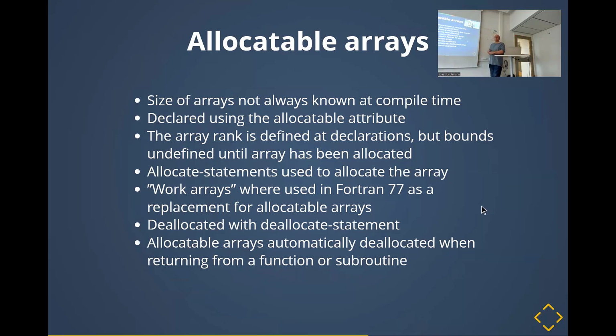Fortran 90 introduced this to Fortran. One usage of allocatable arrays is that you can allocate arrays depending on problem size. Suppose you have an input file that says that the problem is a certain size, you can inside a Fortran code allocate arrays that have the size that you need.